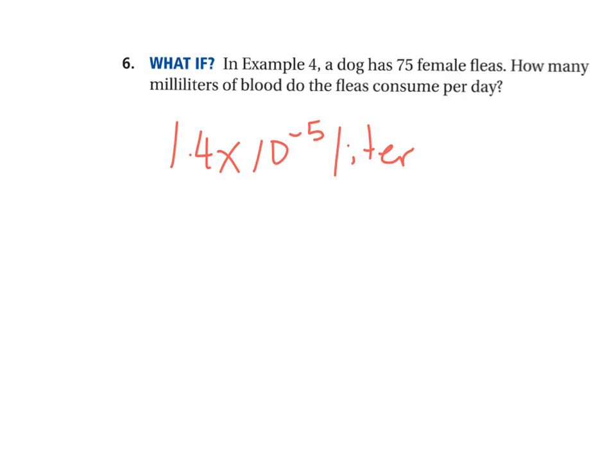So the first thing we need to do is convert this into standard form. So we're going to move it to the left 5 times. And then we're going to multiply that instead of times 100 like we did last time. We're going to multiply it times 75.